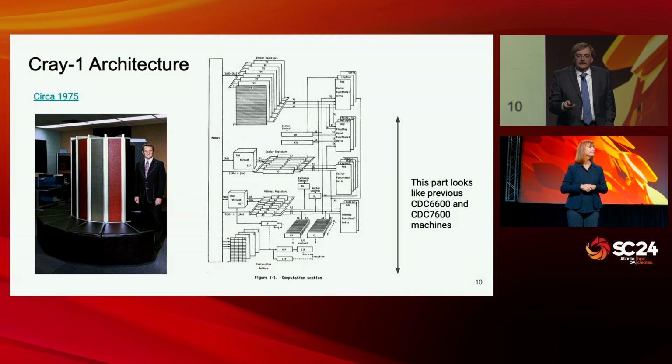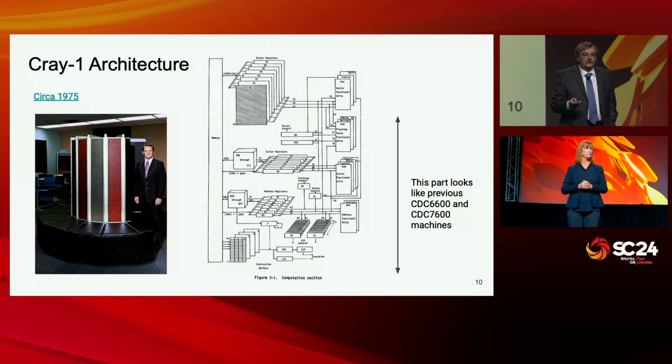So if you look at this diagram of the Cray 1 on the right, everything to the left of that 2-sided arrow looks like the previous 6600 and 7600 machines. So that basically enables scalar code to run pretty easily right off the bat.